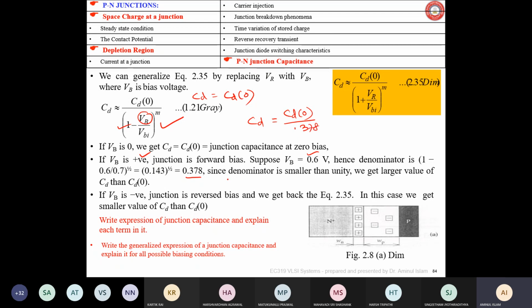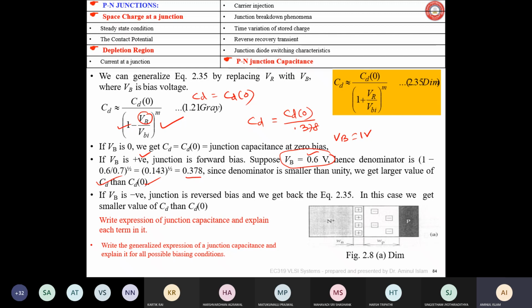What does it mean? Since the denominator is smaller than unity, we get a larger value of CD than CD0. Larger value. Something I have written here: VB equals 0.7. Can we write VB equals 1 volt? We'll get even more capacitance.